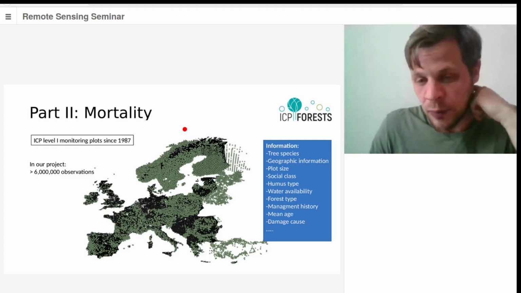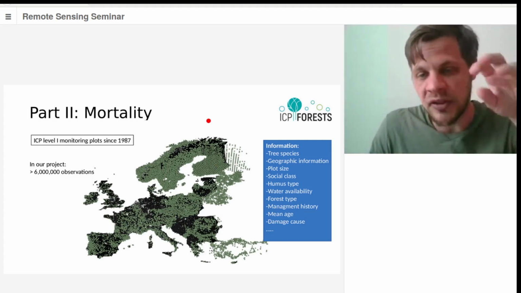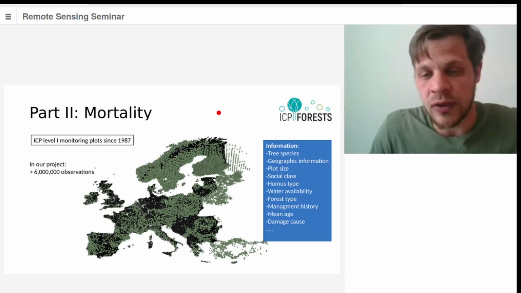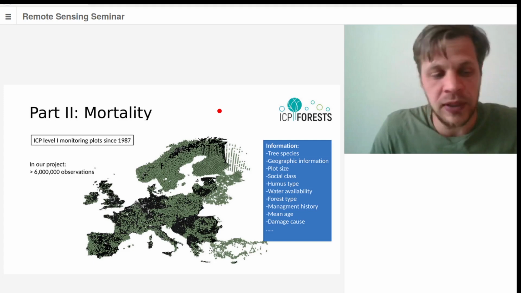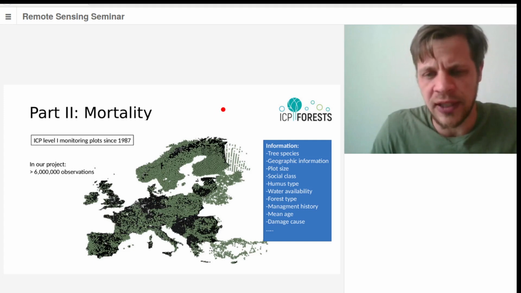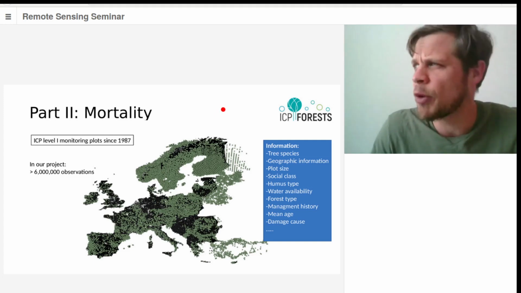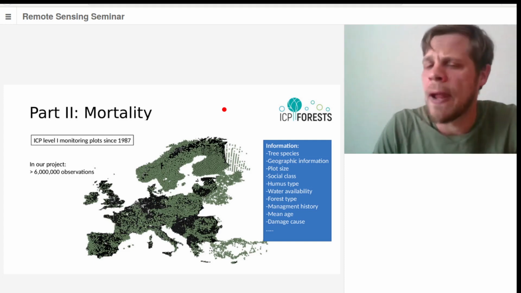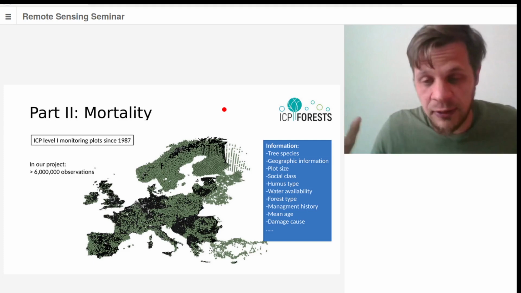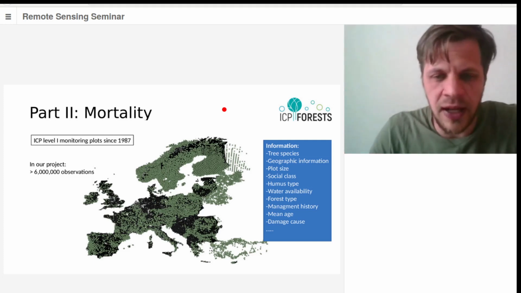The only thing you have to be aware of if you want to use this data is that it isn't really cleaned. The data is provided by each member state each year. They have a certain deadline, I think by end of February, to deliver the data for the previous year. What you get is a huge Excel or CSV file, and then you can start.